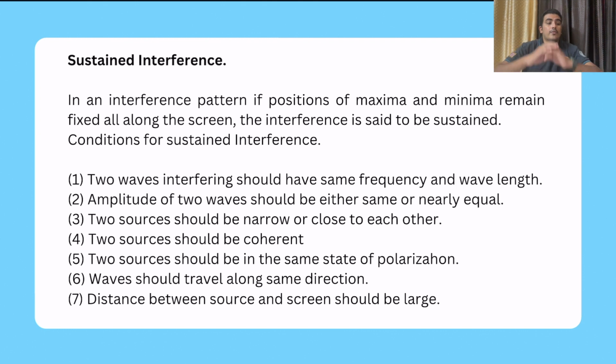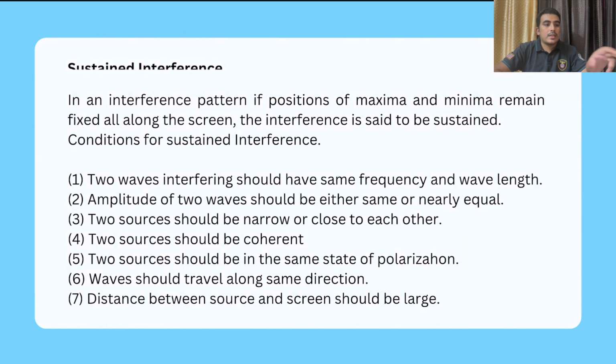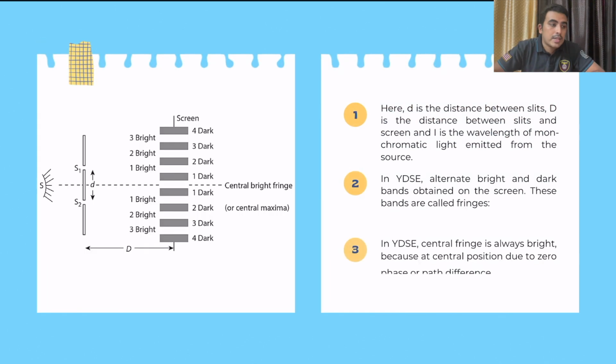Number 6, waves should travel along the same direction. And the seventh point is that the distance between the source and the screen should be large enough. So if you follow these conditions, the pattern is going to be sustained. That means it won't move, it won't shift. Okay, so those are the conditions for sustained interference.